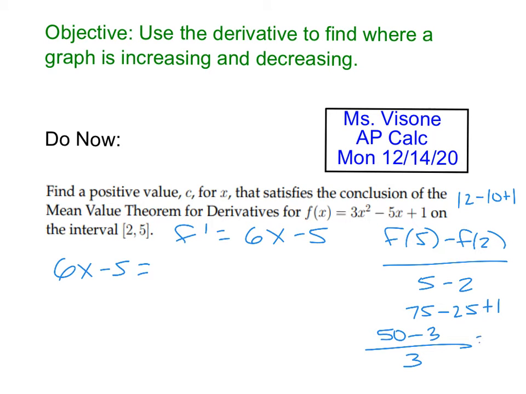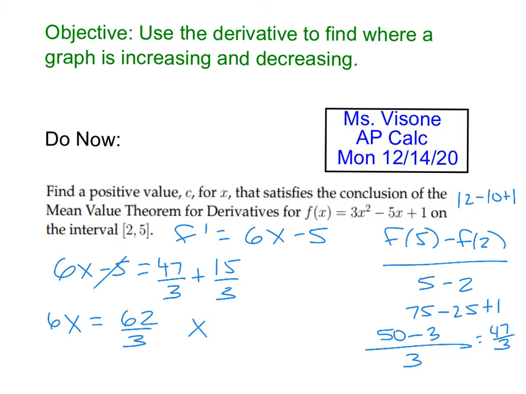So that's 3, 47 over 3. Well, that's gross. Alright, so we're going to add 15 over 3. So that's 6x equals 62 over 3.